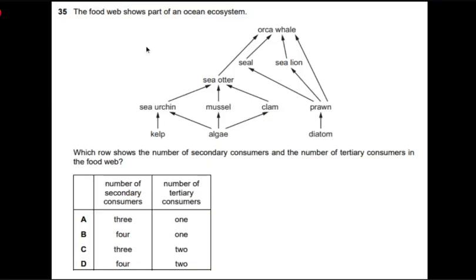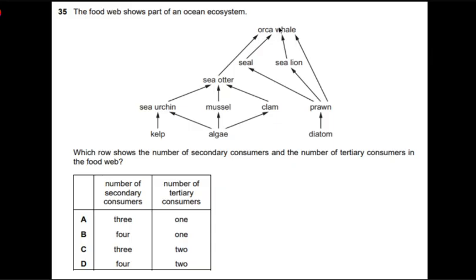Let's try to look at the last interesting question, which is coming from ecology or ecosystem. It is saying the food web shows part of an ocean ecosystem.